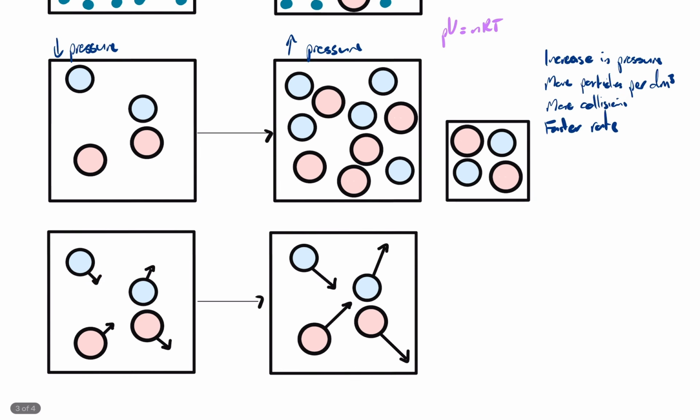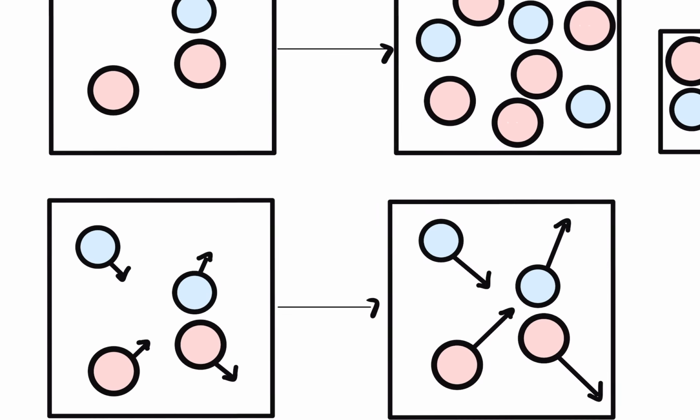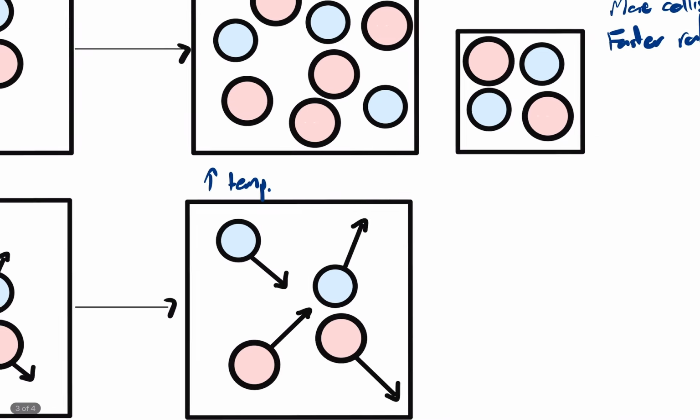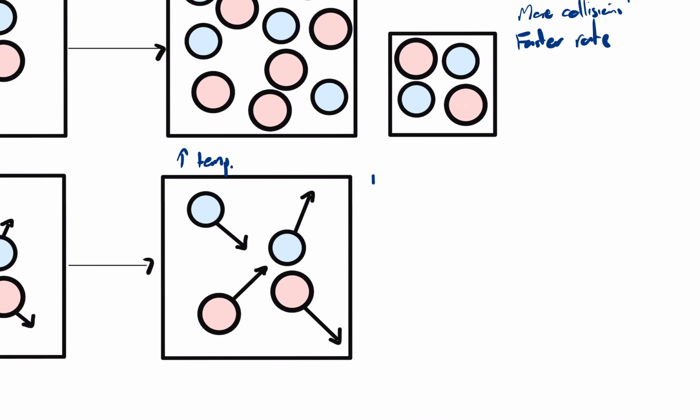Next, hopefully you can see here, difficult to visualize, but this is showing us the particles are moving faster, and that's because we've got an increase in temperature, right? So we've got a low temperature here and a higher temperature here. So again, let's think about those four things. So our factor, we've got an increase in temperature.